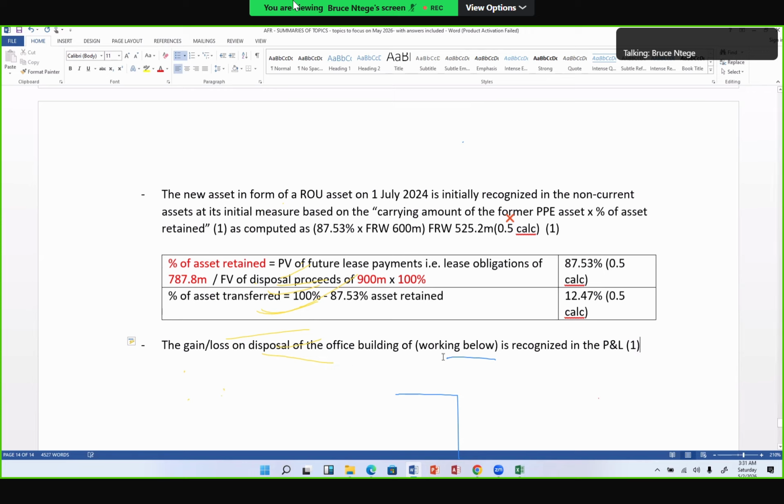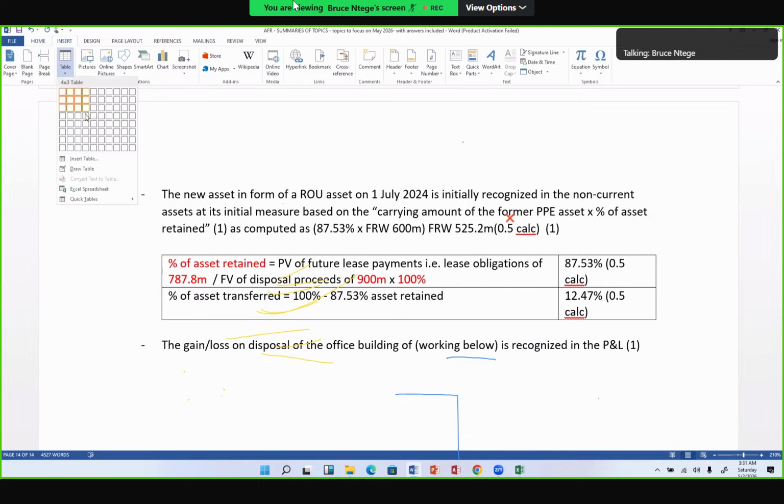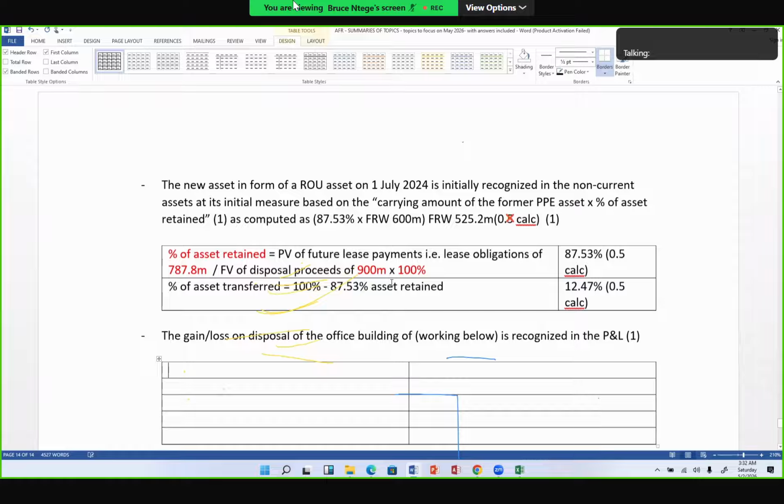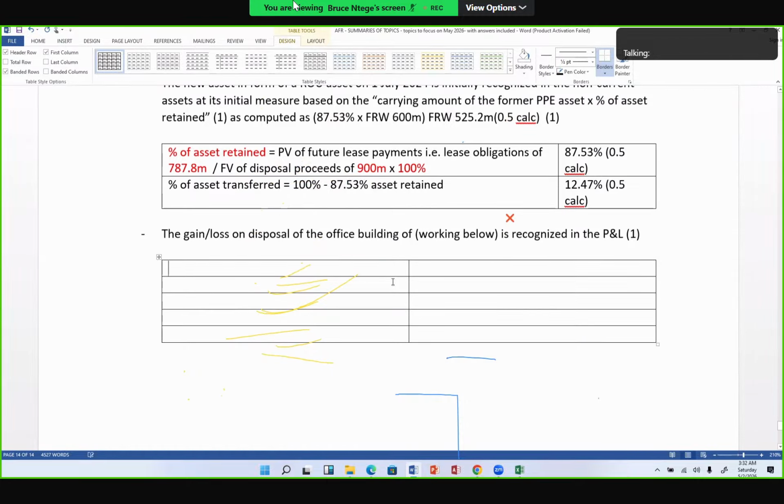Let's calculate that gain or loss. So I'm putting another table here to get first the normal gain, and then I'm also going to get the special or the restricted gain. So I'll say that my normal gain is the disposal proceeds.